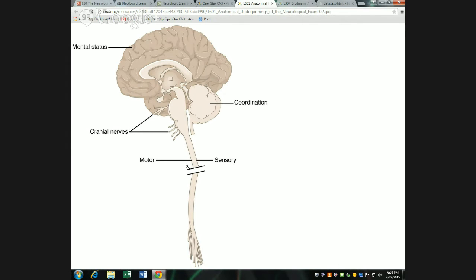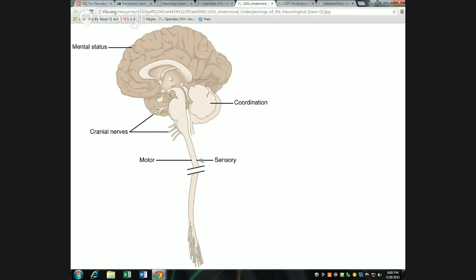Okay. So again, motor and sensory are about the spinal cord. The motor label is pointing at the anterior side. The sensory label is pointing at the posterior side, which actually has to do with the fact that motor functions in the spinal cord are mostly in the anterior or ventral area.